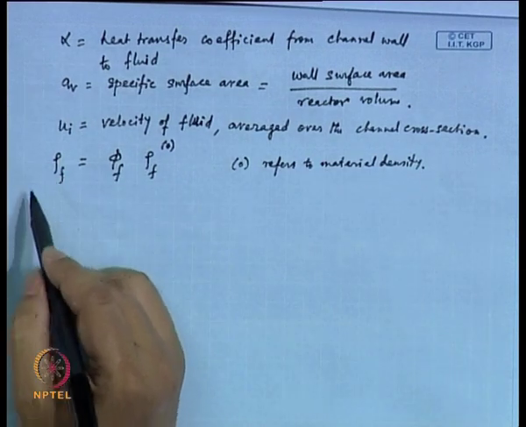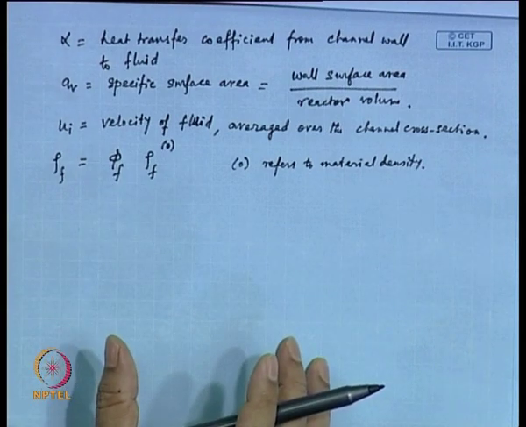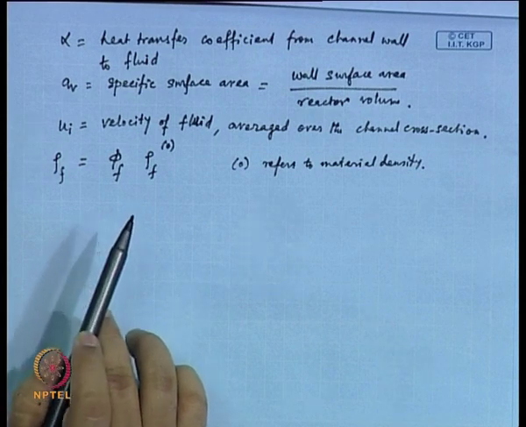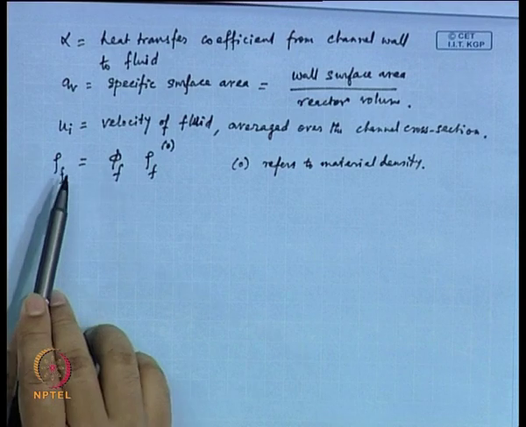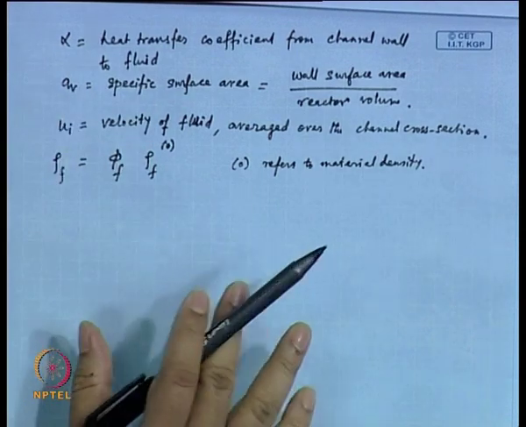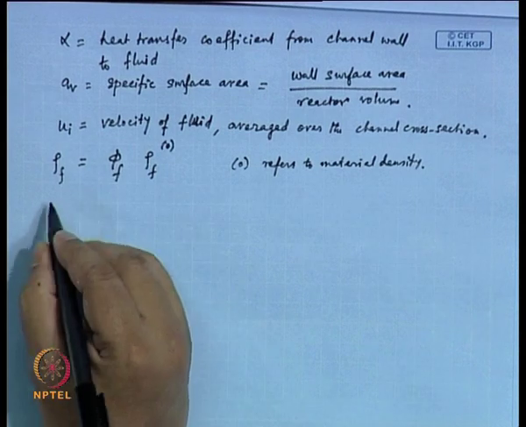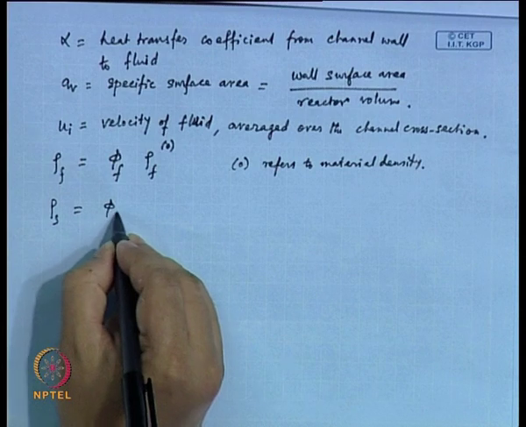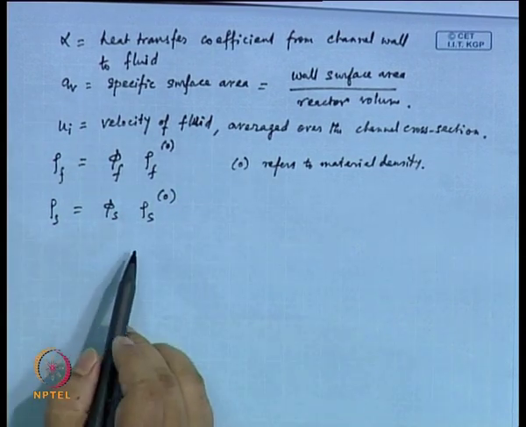So this rho f, as far as this bed is concerned, has to be multiplied by the void volume fraction or the phase fraction of the fluid, then you get the actual rho f, which should be applicable for this equation. Here we are working on a mixed mode. It is not very straightforward. You need to look into it very critically. We have this as rho s 0. This 0 refers to material density.